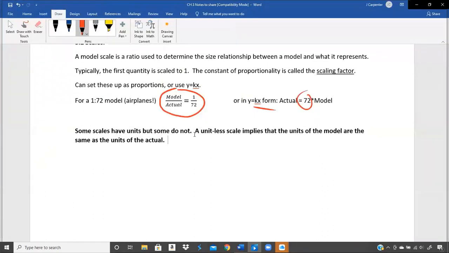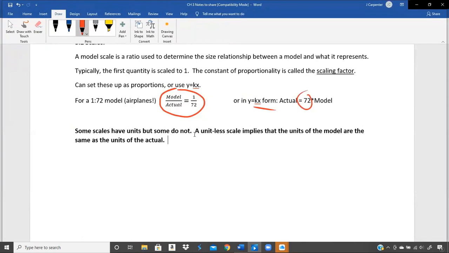So if I had a model where I said 1 foot is 72 feet, so I take a 72-foot Mack truck, and I scale it down to 1 foot, that would be a unitless scale because they both have the exact same units, which means I don't have to say 1 foot is 72 feet. I could also say 1 inch is 72 inches. I could say 1 kilometer is 72 kilometers.